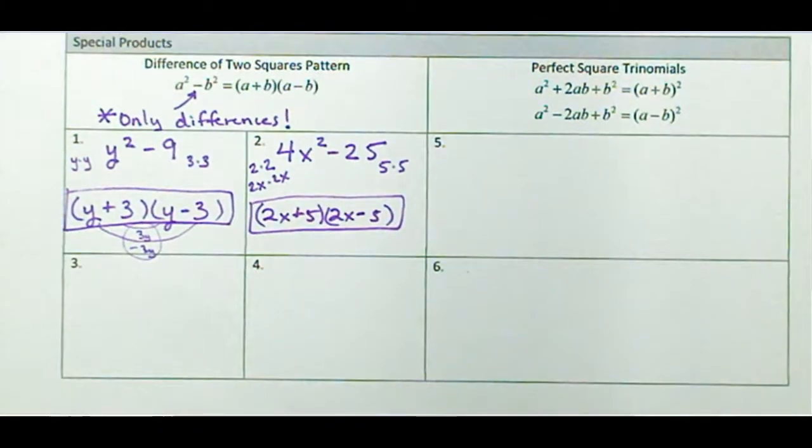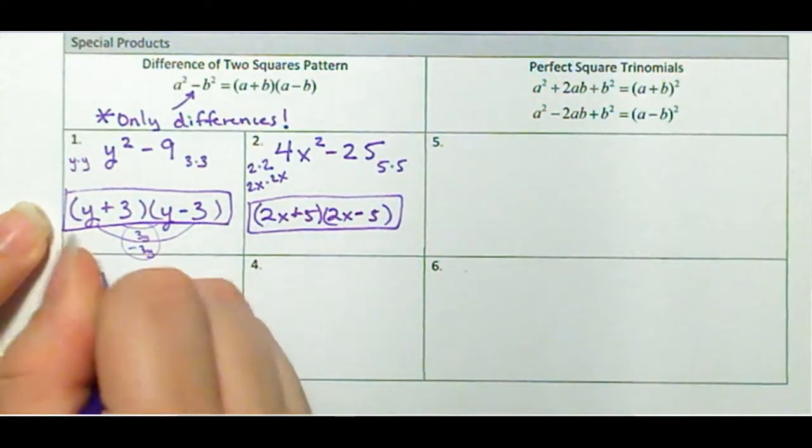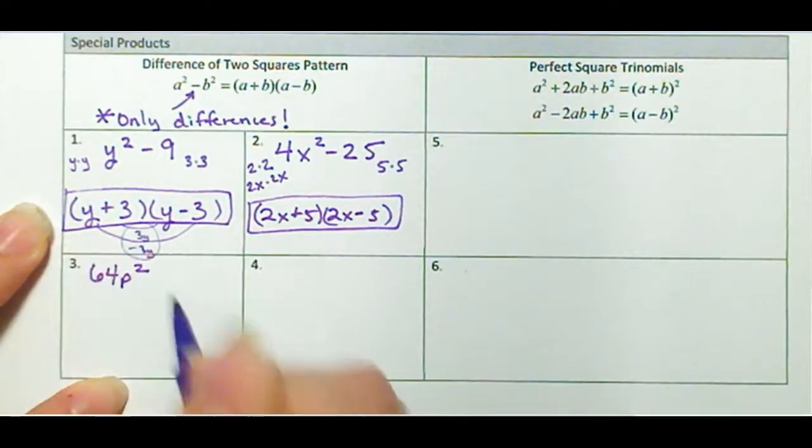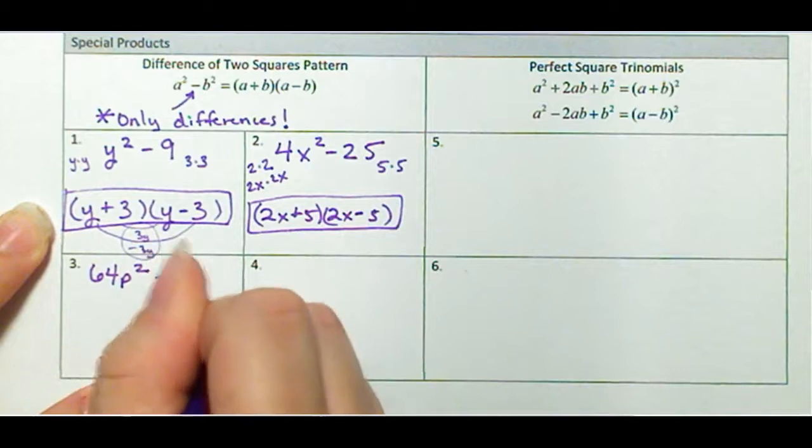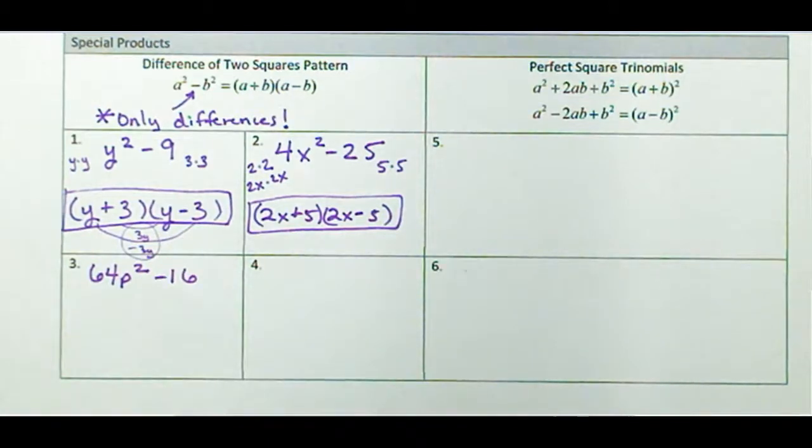Okay, so number 3, 64p squared minus 16. I know what you're thinking at this point. Hey, those are perfect squares. 64 is 8 and 8. 16 is 4 and 4, and you're right. But you have to check for a greatest common factor. 64 and 16 have a greatest common factor of 16.